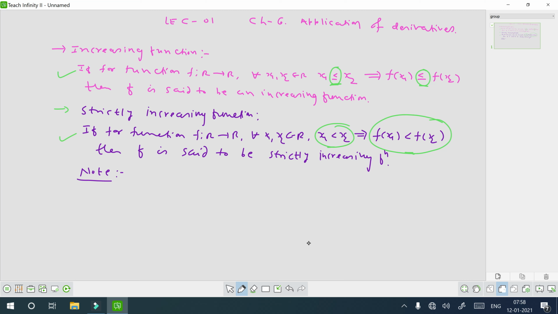Before that, this one is for the set of real numbers, but what can you say for an interval?